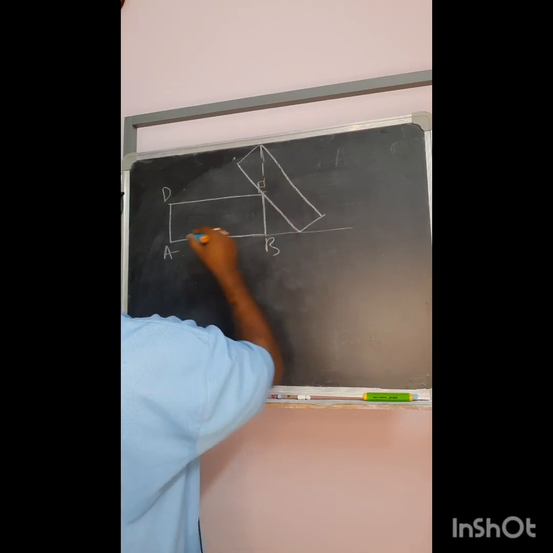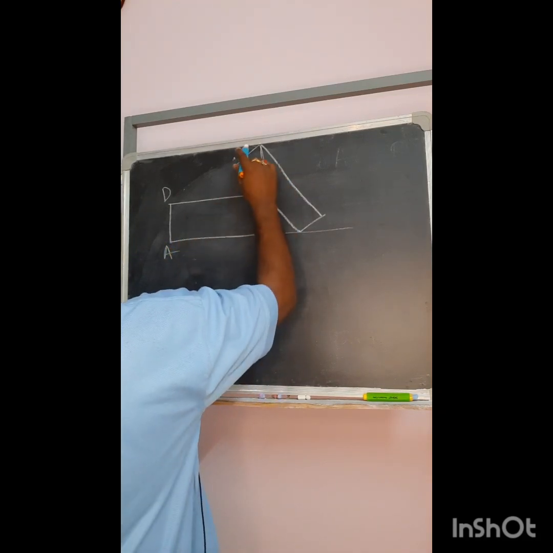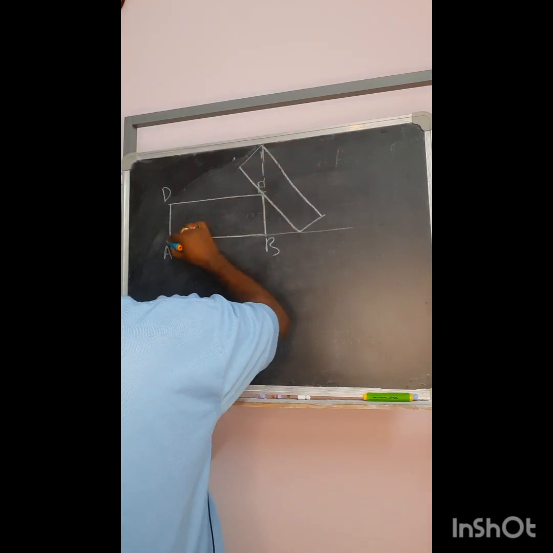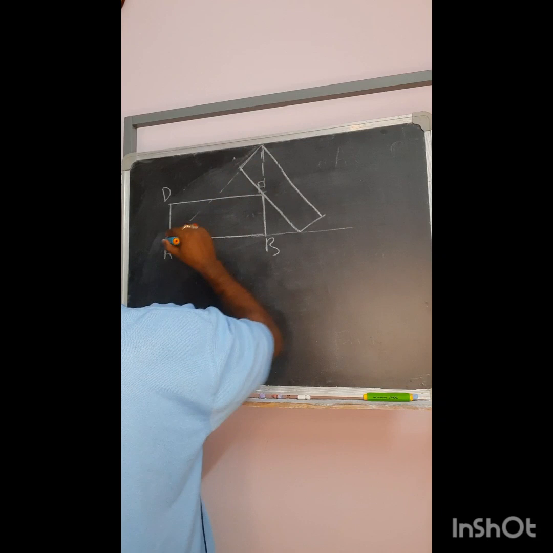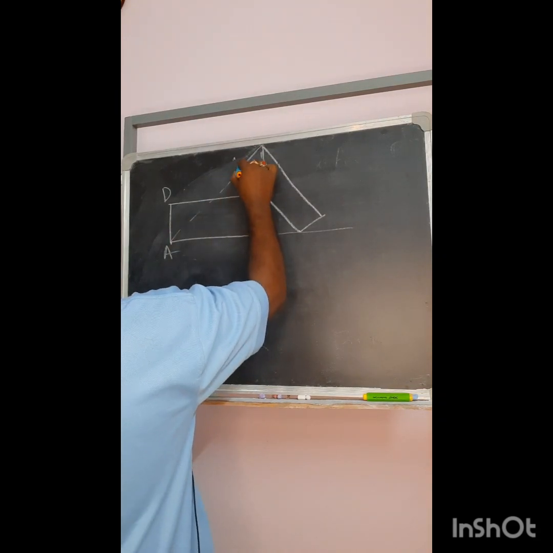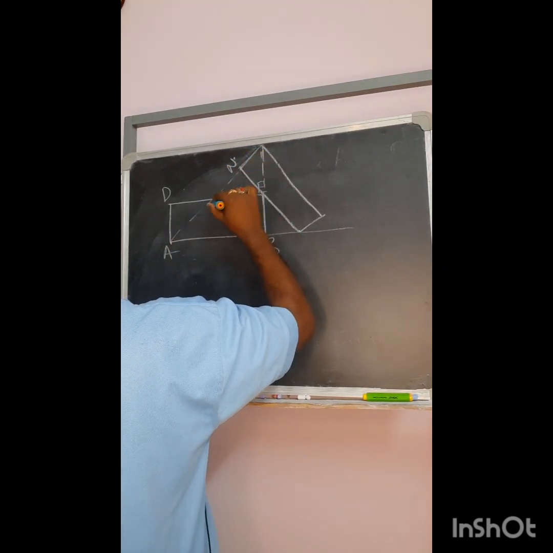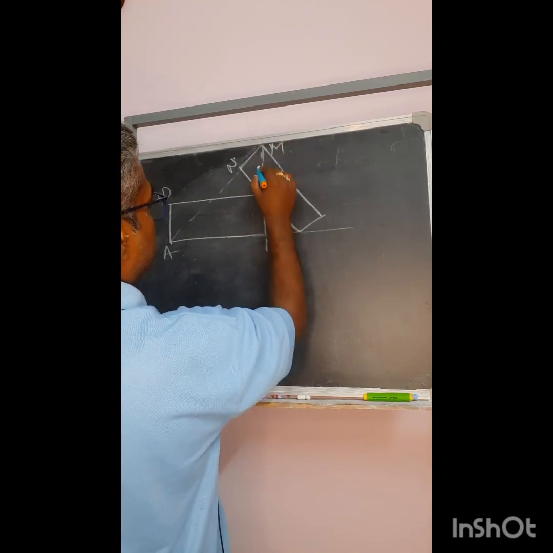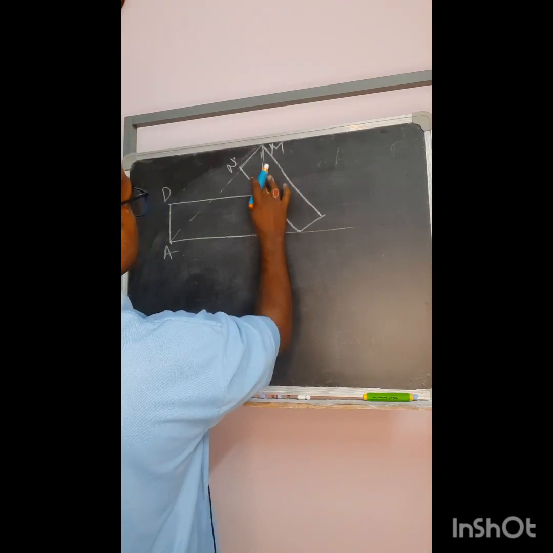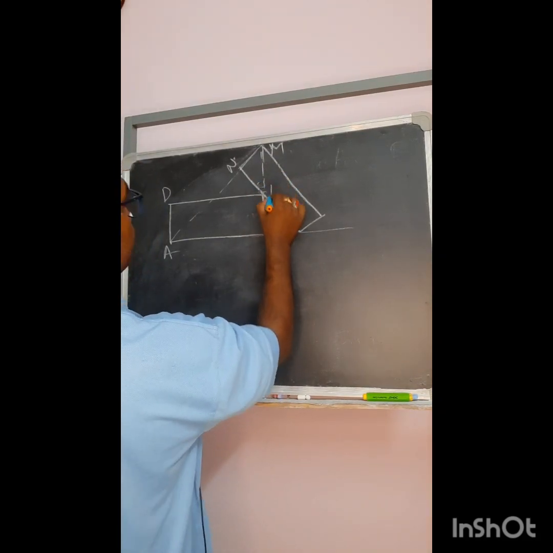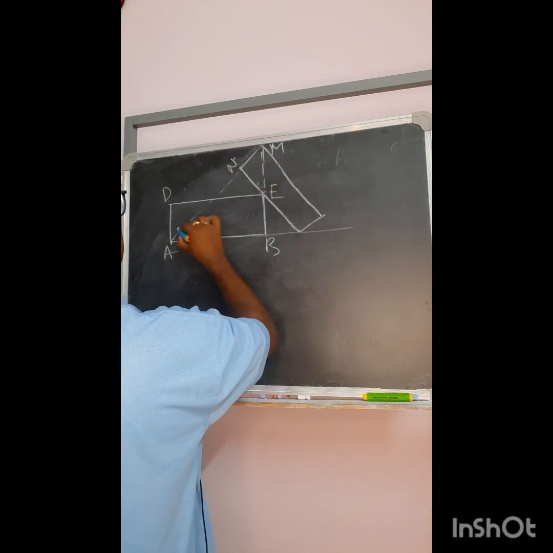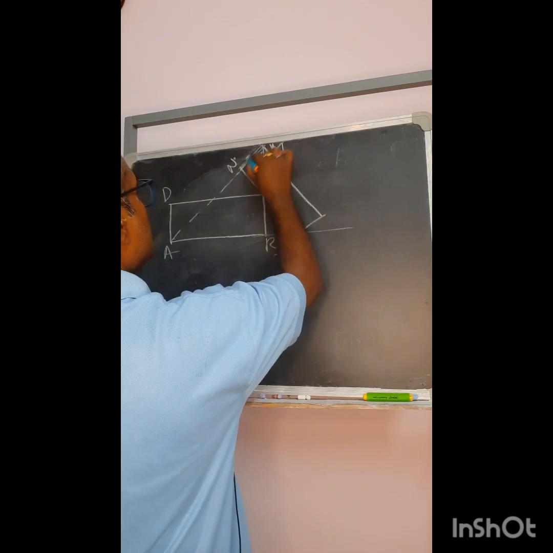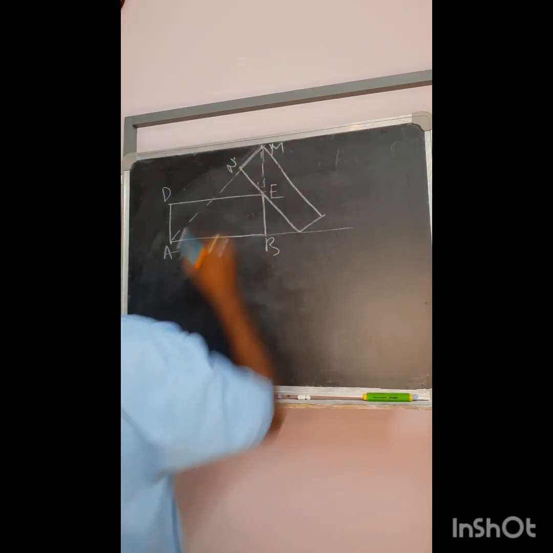If I extend this line, the points A, N and M become collinear, and if I extend this other line through B and E, it will cut at point M.